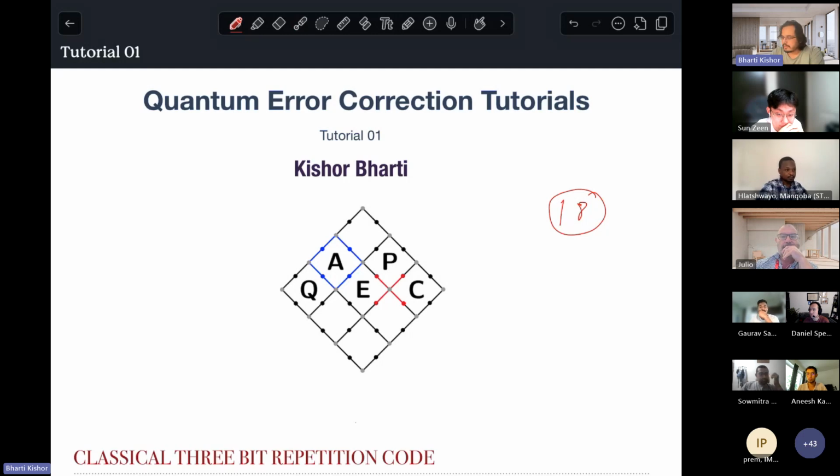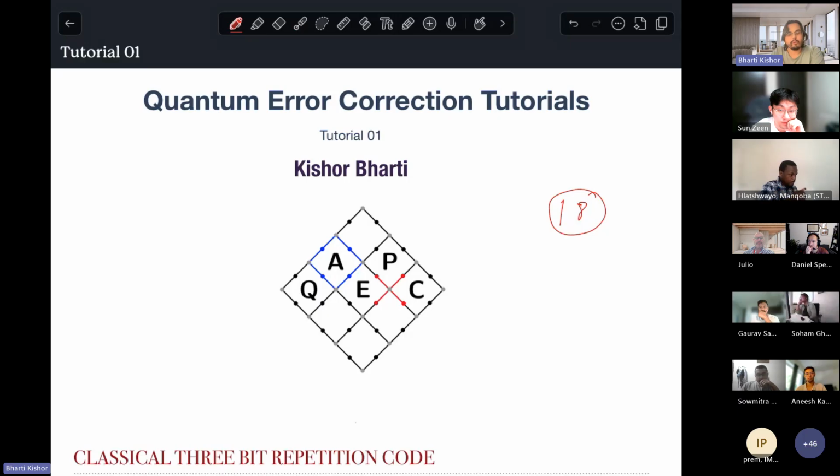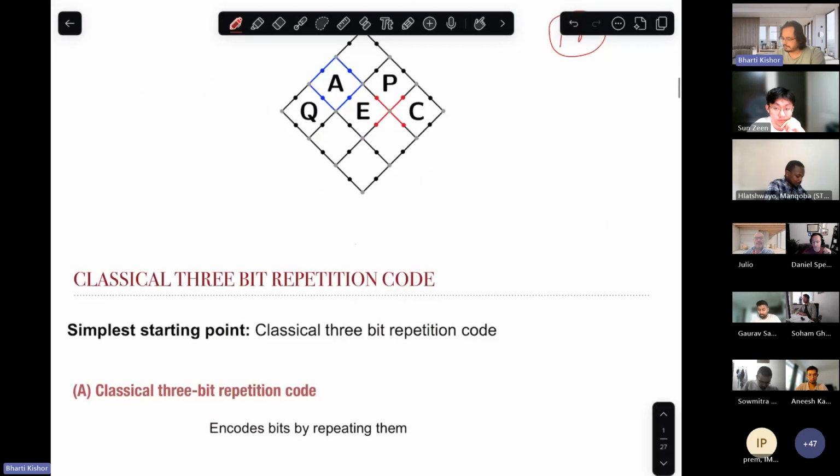And then actually all the tools that are needed to understand what is quantum error correction, the analogs of that you can already see in the case of classical 3-bit repetition code. And then we will talk about quantum 3-qubit repetition code. And then we will discuss this stabilizer formalism. So in that sense, today is the very basic of quantum error correction that we are going to discuss.